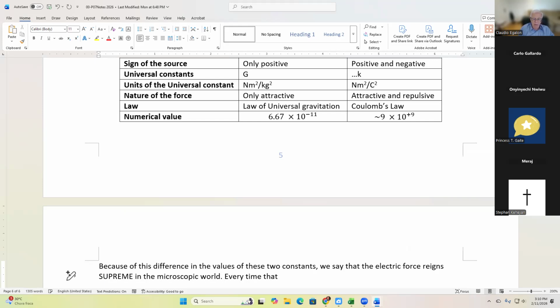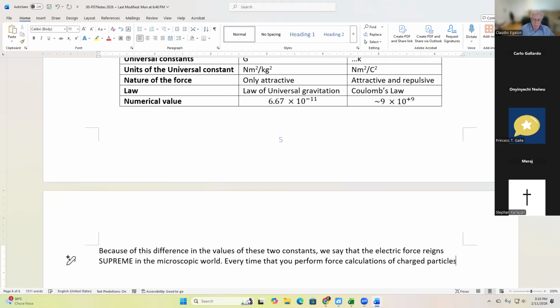Every time that you perform force calculations of charged particles in the microscopic world, you can neglect the gravitational forces that they exert among each other.